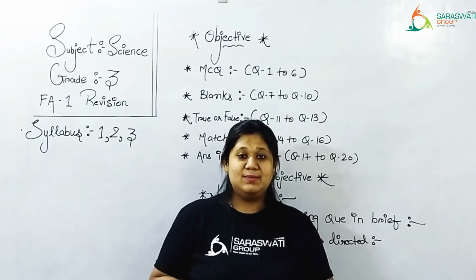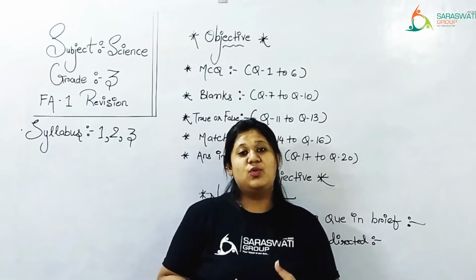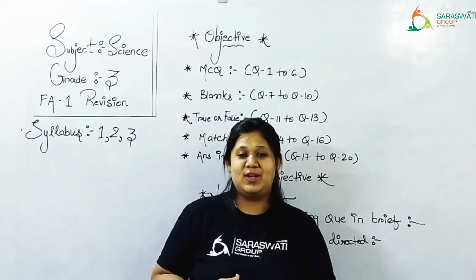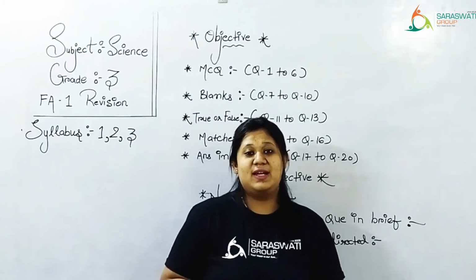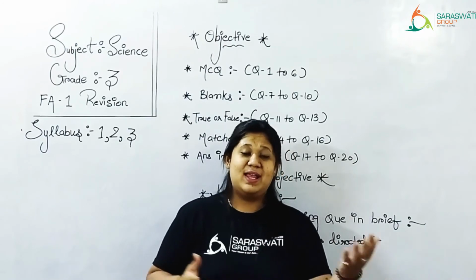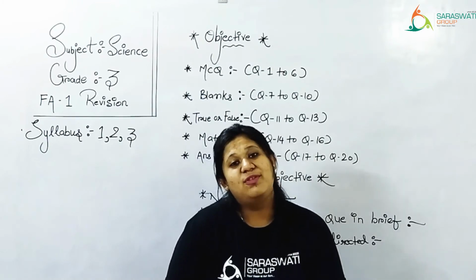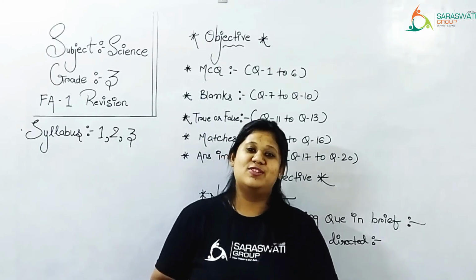If some animals are eating only plants, then we call them herbivorous animals, right? And if animals are eating both things together, like plants as well as flesh of other animals, then that type of animals are called omnivorous animals.